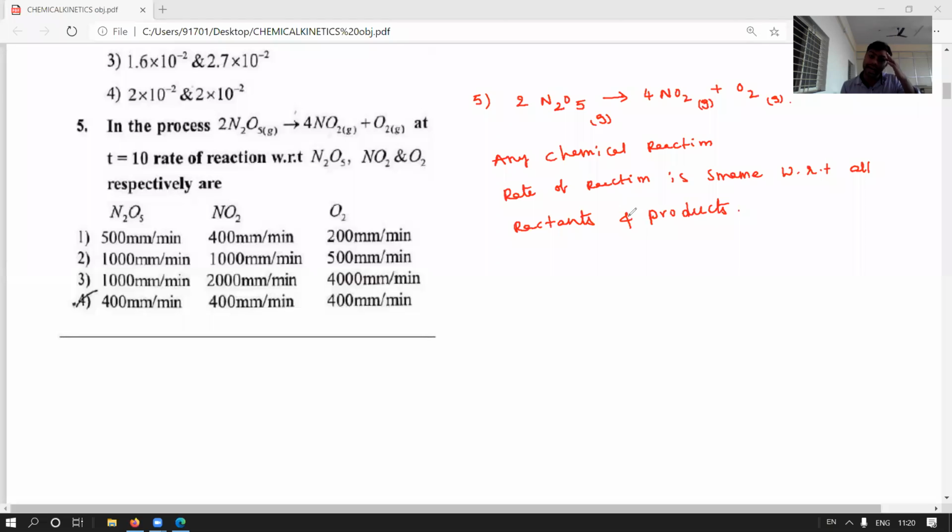Reactant means here N2O5, and products means NO2 and O2. So the rate is the same.